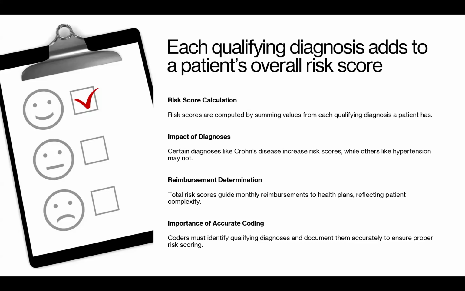And again, the payment is made to the health plan per member per month, and then a percentage gets paid to each medical office, right? And on the importance of accurate coding, coders must qualify and make sure that the diagnoses that are submitted are supported by supporting the codes that they pick up for reimbursement.